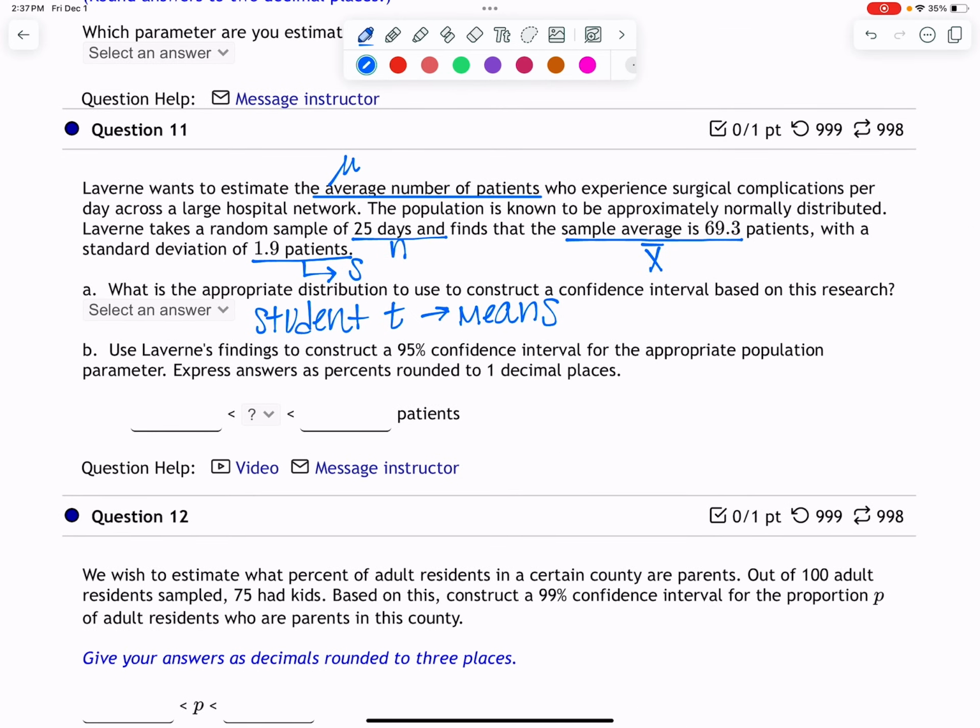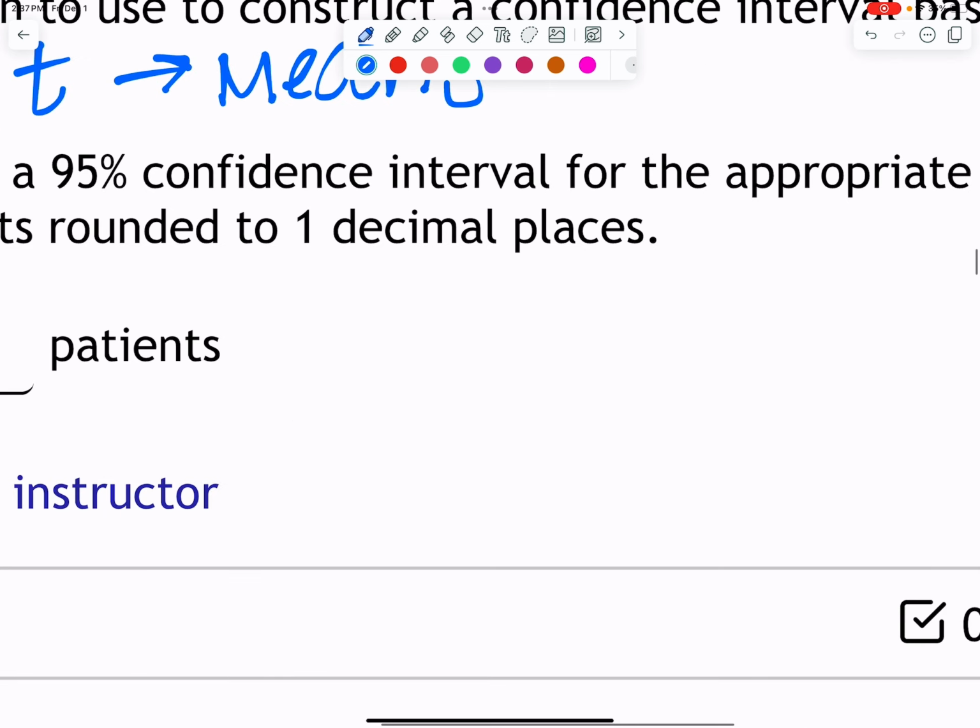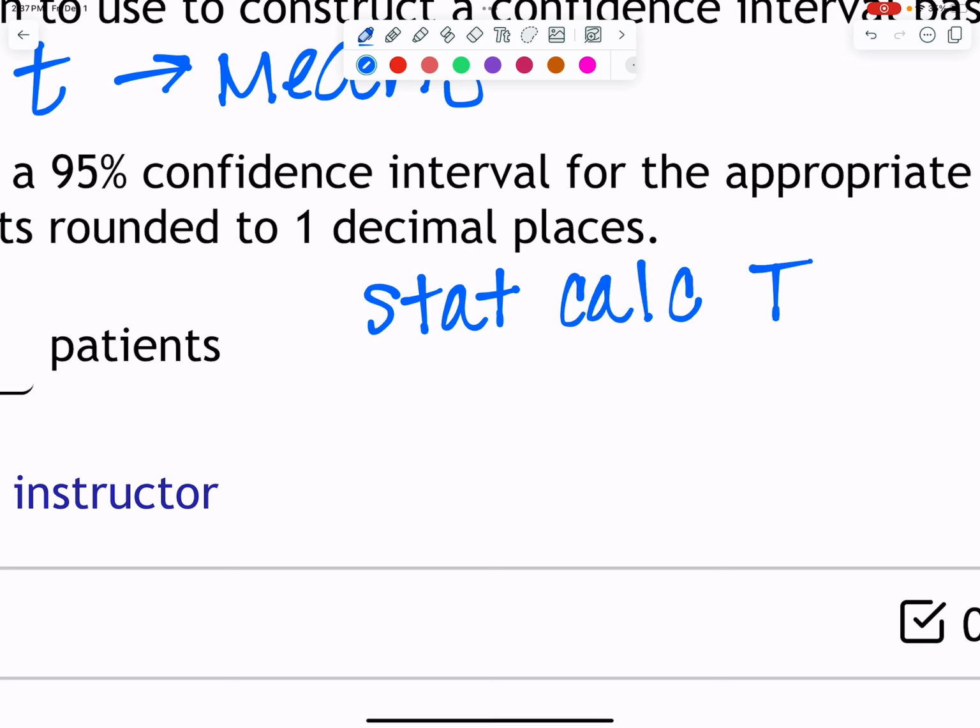We want to use Laverne's findings to construct a 95% confidence level. So we need a critical T. To calculate the critical T, you have steps for that at the top left side of your exam 4 handout. You go to Stat, Calculators, NT.